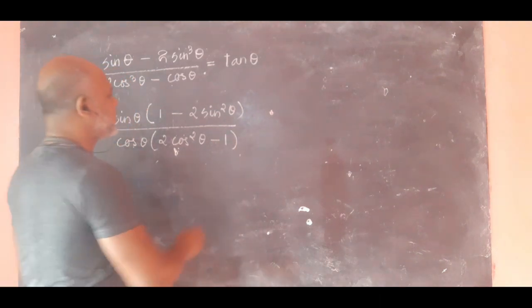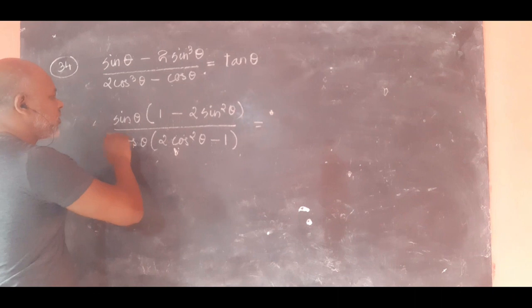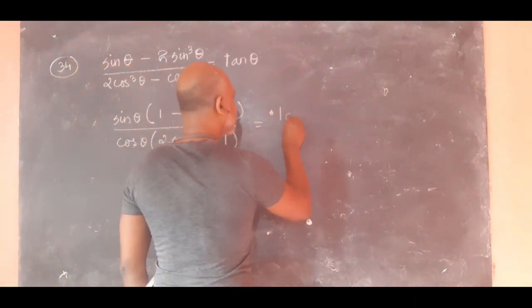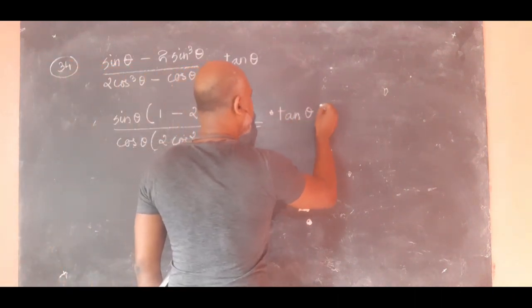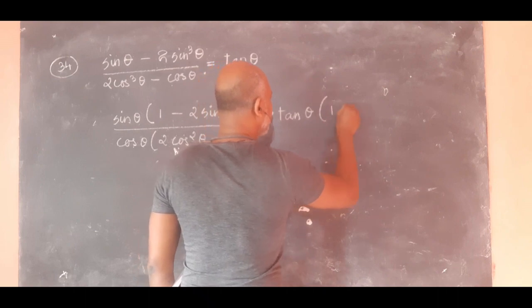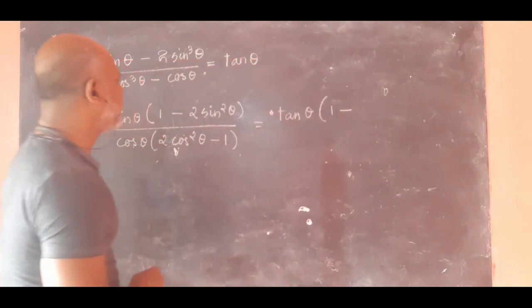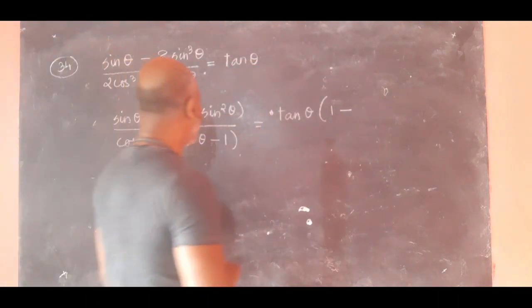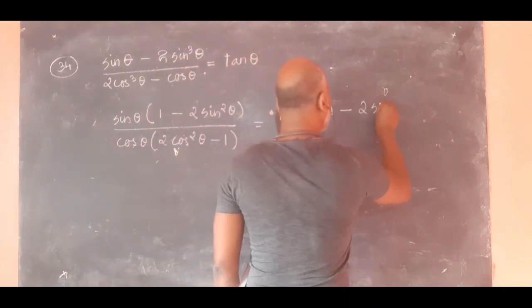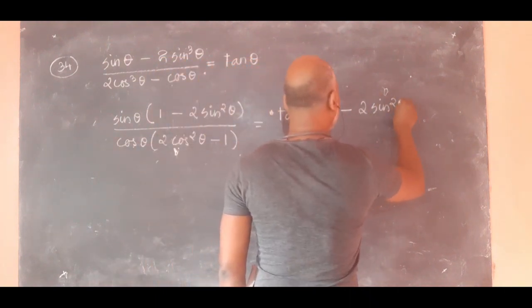First of all, sin theta by cos theta is tan theta, and we keep 1 minus 2 sin square theta as it is.